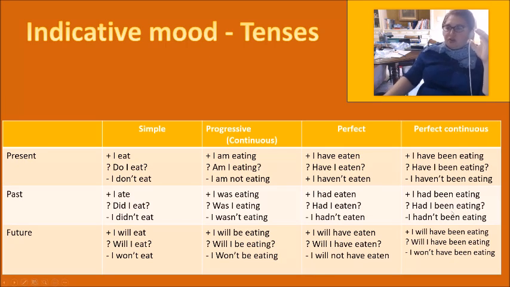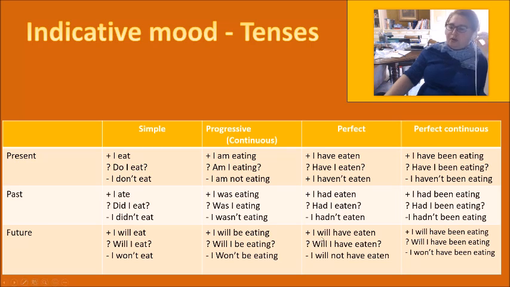Perfect continuous gets more and more complicated and longer. We will have longer verb phrases. What do I have? I need the future perfect of the verb to be.